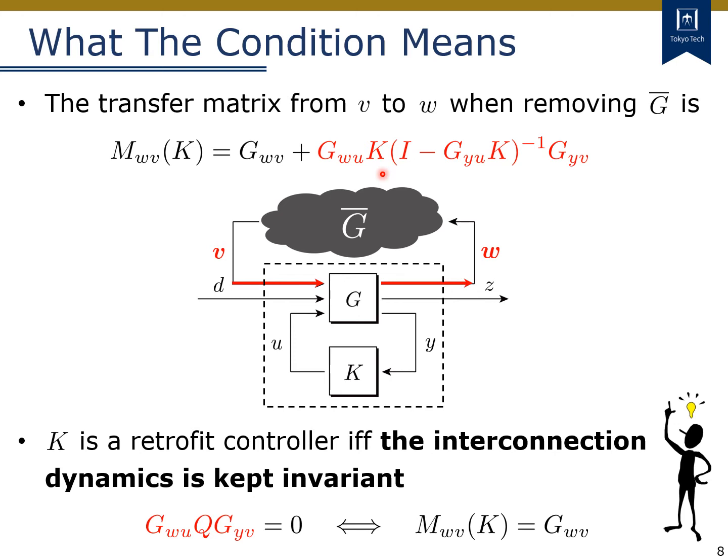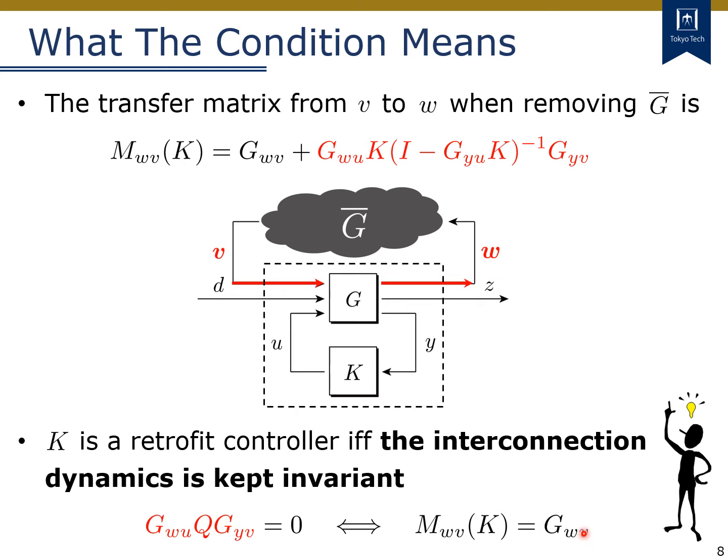In fact, the necessary and sufficient condition for retrofit control corresponds to the fact that this red part is equal to 0, which is equivalent to this equality. Therefore, for any retrofit controller, the interaction dynamics MWV is invariant from the original dynamics GWV.